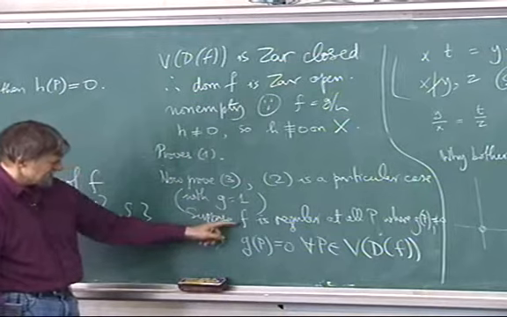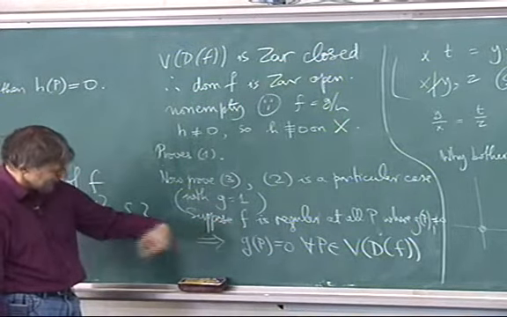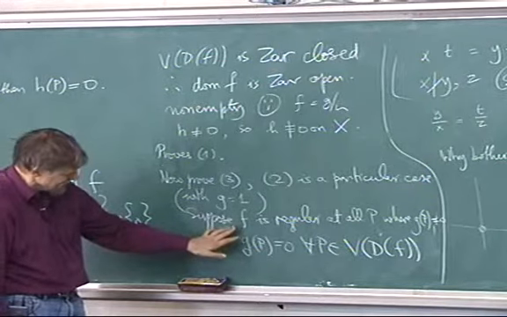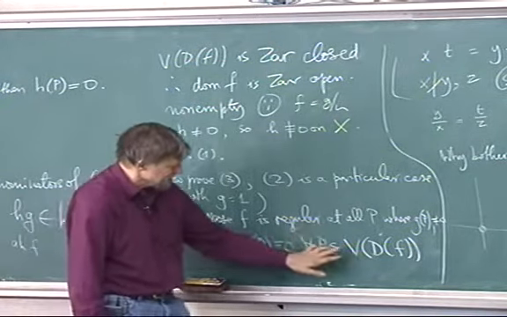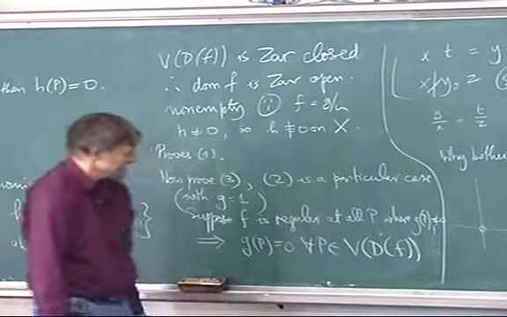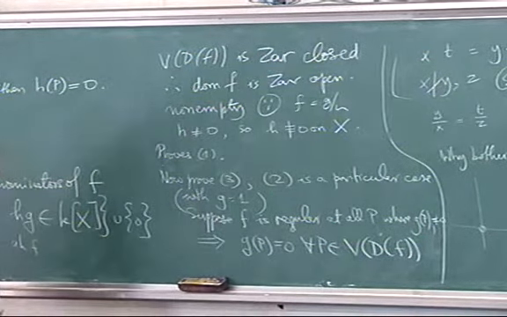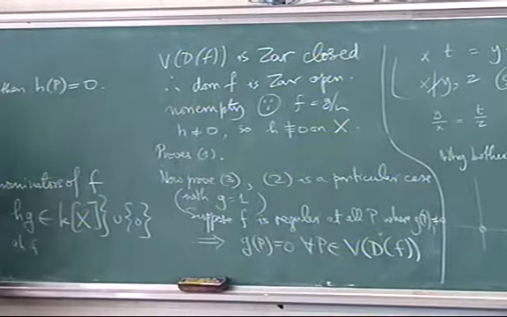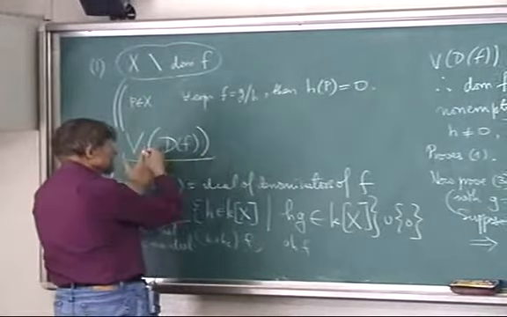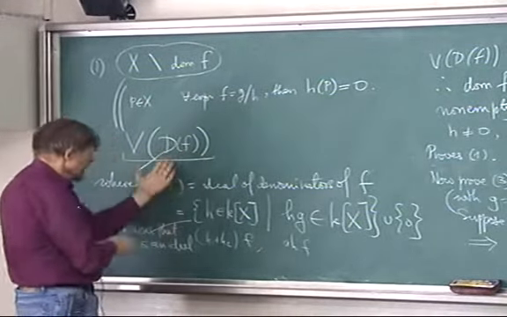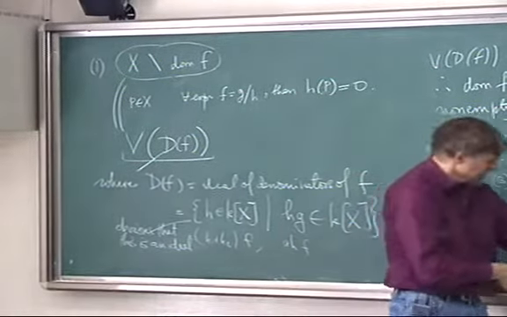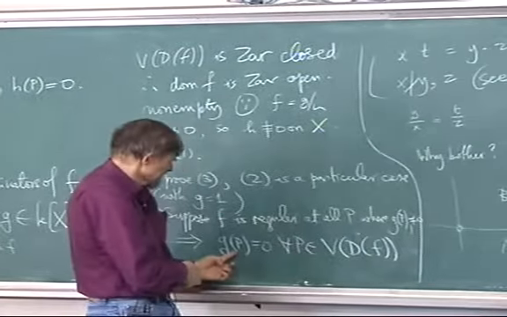I'm just saying the contrapositive, which is logically equivalent: if F is not regular at some point, then G of P is 0. So this set is the set of points where F can't possibly be made regular. If I have a point P in there, then G has to be 0 on it.